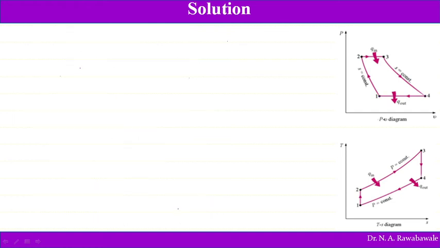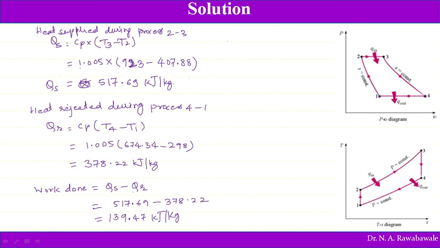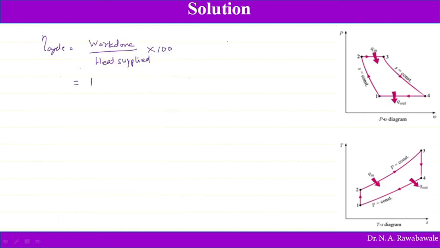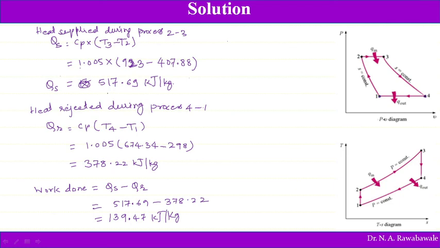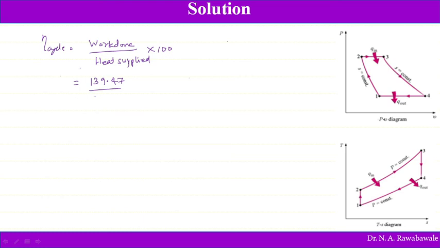Now to find out efficiency, efficiency of cycle is equal to work done divided by heat supplied into 100. Work done, just we have calculated as 139.47, divided by heat supplied, 517.69, into 100.